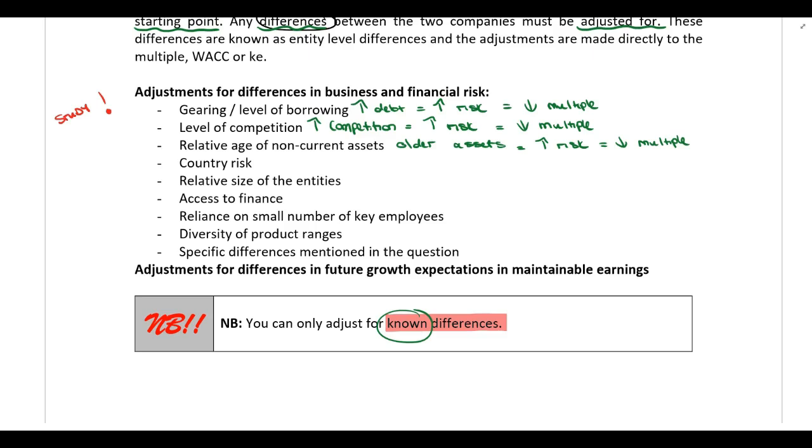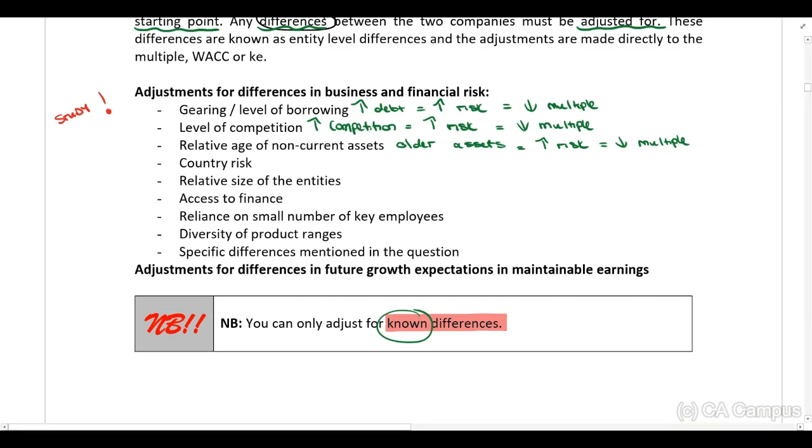We then look at country risk. Now, guys, remember, country risk is the risk associated to investing in a foreign country. So if both of the companies aren't investing in foreign countries, then they won't be exposed to country risk. But if the one is investing in foreign countries, they will be exposed to country risk.